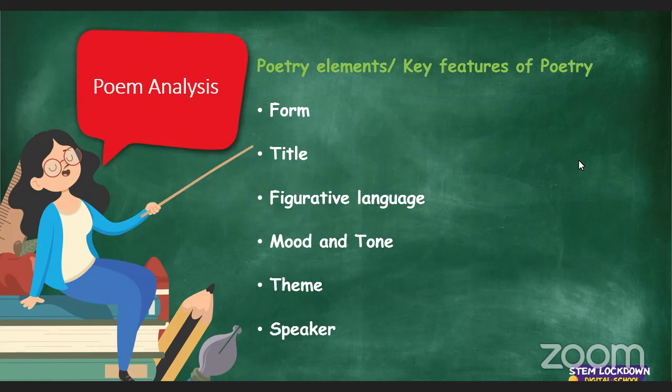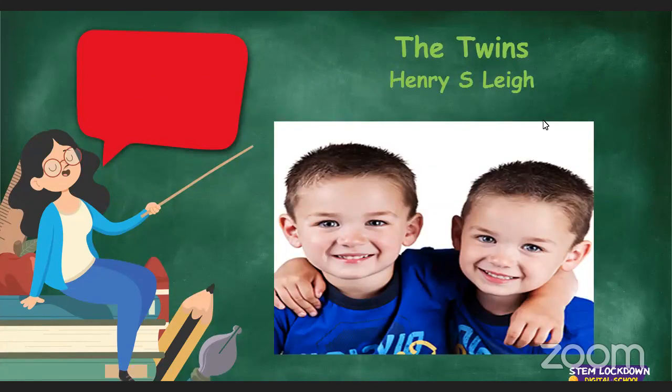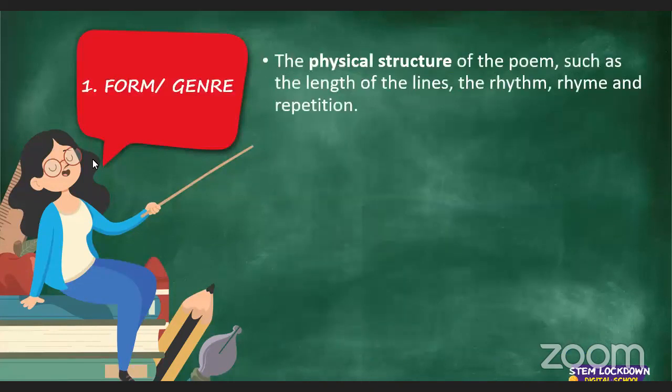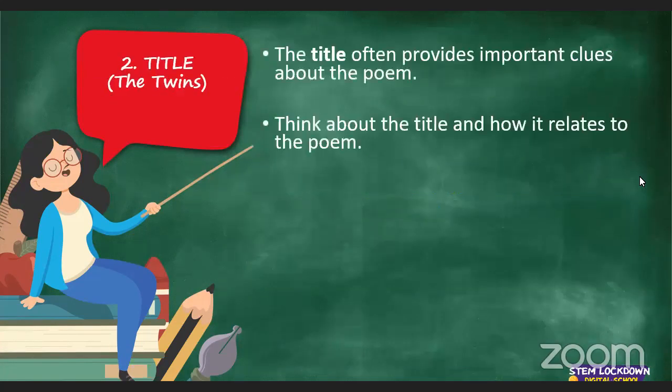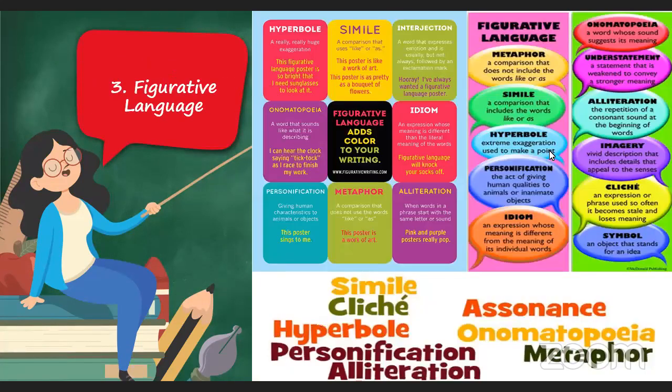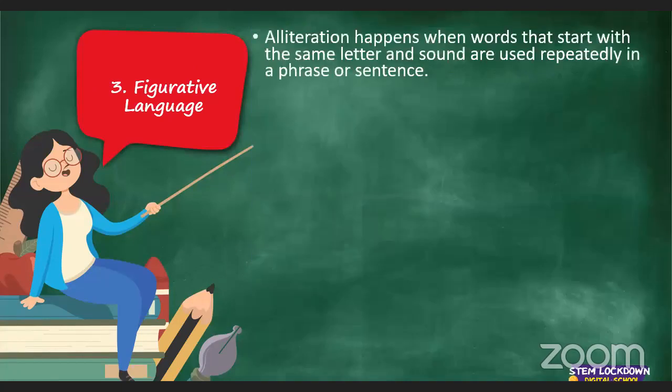So I'm hoping that everybody is clear on this because today is the final day whereby I was doing poem analysis. We did this last week, but I just wanted to emphasize certain things that I felt you guys didn't understand from last week. So just make sure that when you are analyzing poetry, you follow those elements and you are able to support your answer, because it's very important to be able to support your answers.